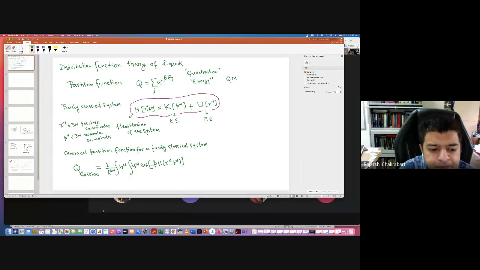And then if I assume the particles are indistinguishable, I should divide by N factorial. So again here I am bringing in this indistinguishability.